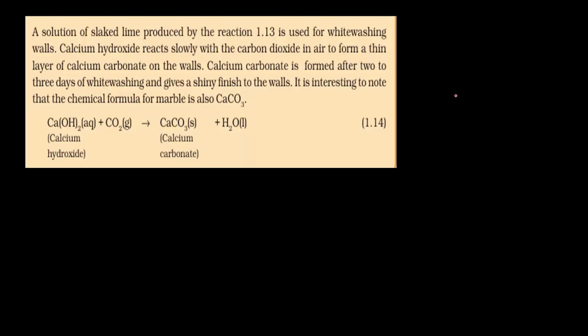If so, have you ever thought about what was the solution used for that purpose? As a science student or chemistry student, you must know what it is made up of. Now you will understand the concept. So a solution of slaked lime produced in the reaction is used for whitewashing the walls.